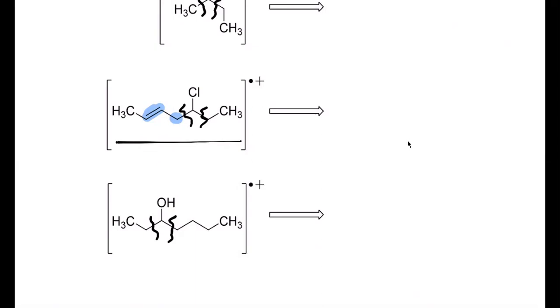So the carbon that's allylic is adjacent to the alkene. So it'll be this carbon right here. So that's where you're going to cleave from. You're not going to cleave here like that, right? We're going to cleave at the allylic site.